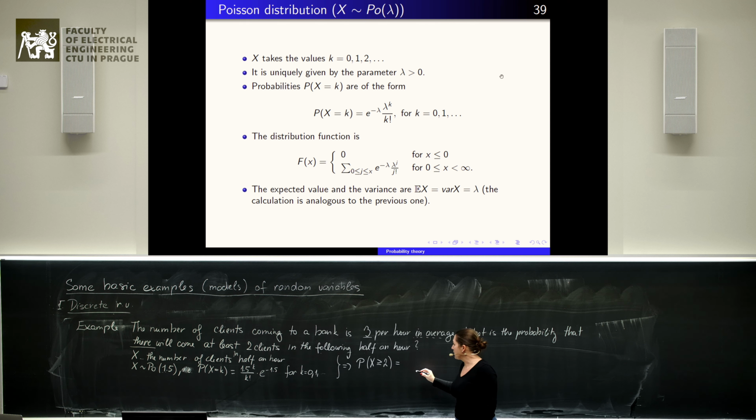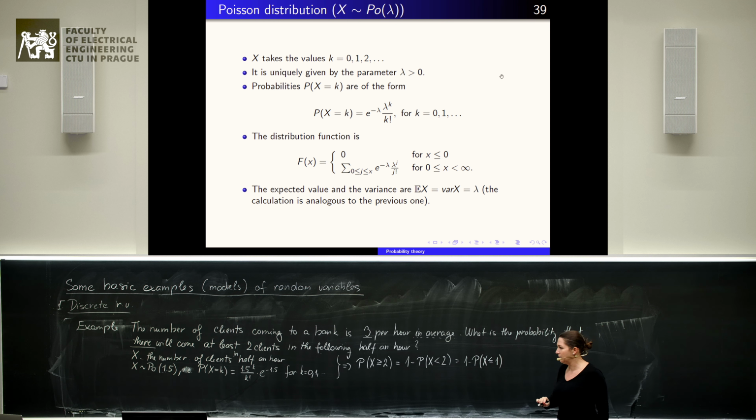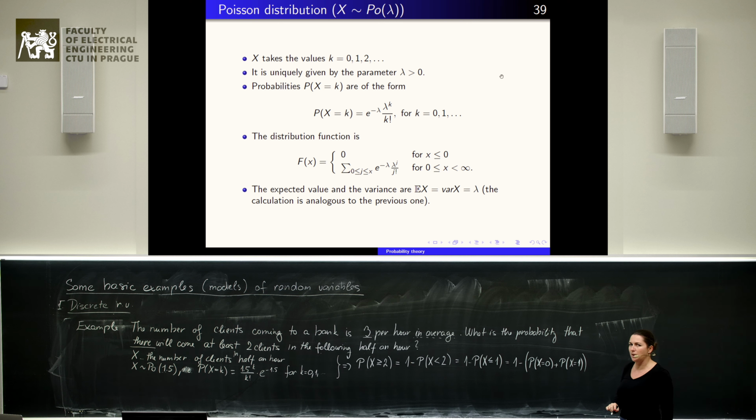It is easier for us to calculate this probability as 1 minus the probability that the number of clients is less than 2, which is 1 minus the probability that the number of clients is less or equal to 1, because it is 1 minus the probability that the number of clients is equal to 0 plus the probability that the number of clients is equal to 1.